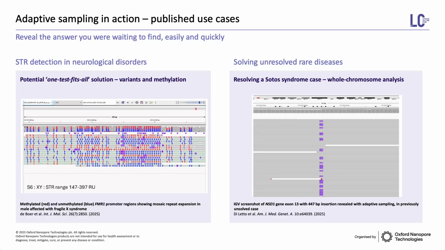With adaptive sampling, they identified a 447 base pair insertion within exon 13 of the gene NSD1. And then they did RNA analysis that suggested defective splicing. So these two examples really show you how adaptive sampling is simple, yet very powerful for answering questions that couldn't really be answered by other technology.